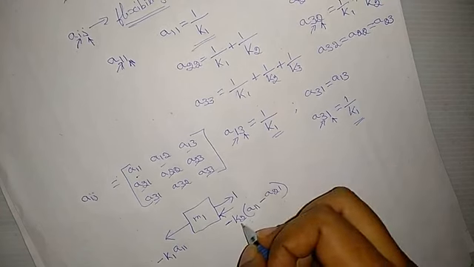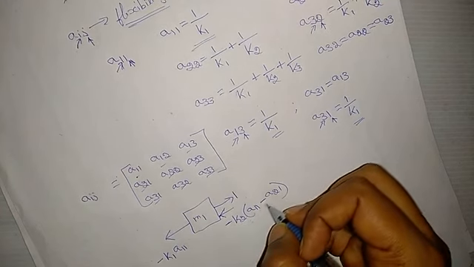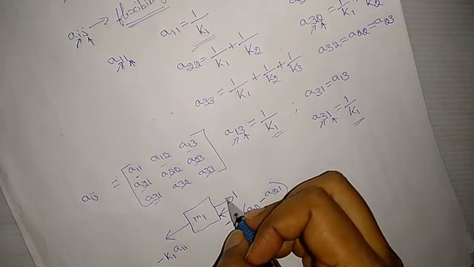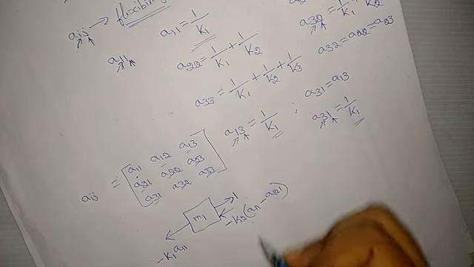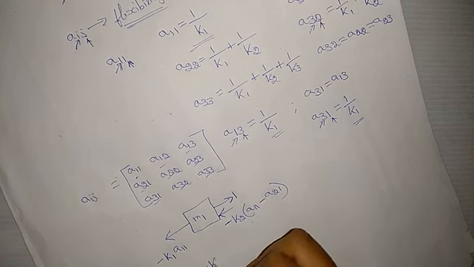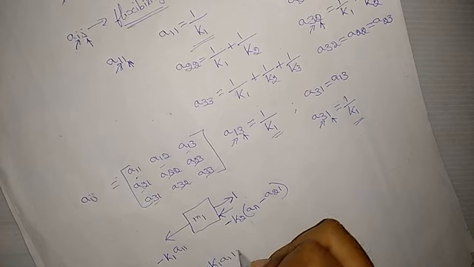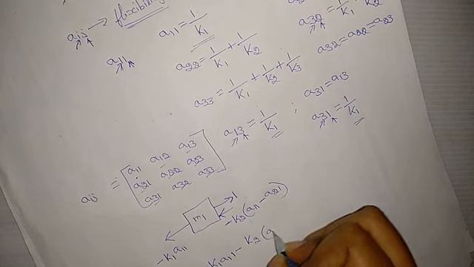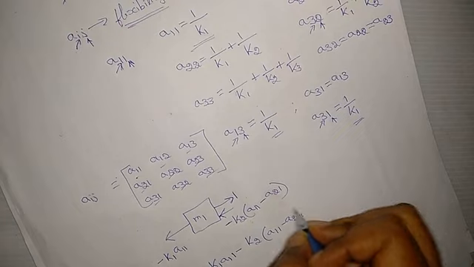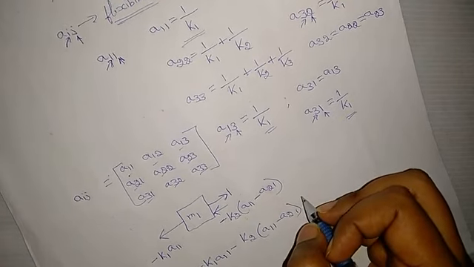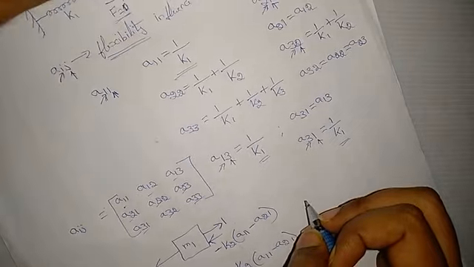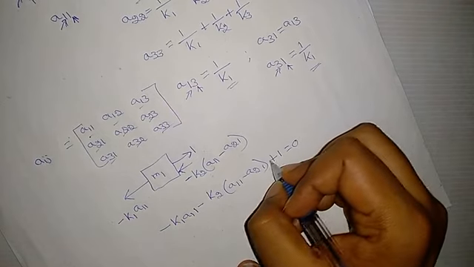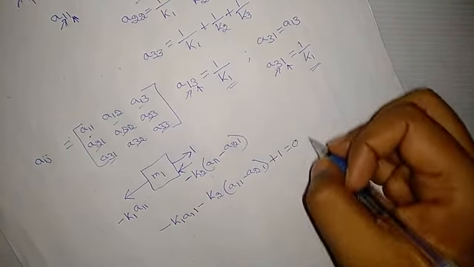This is like writing minus K2 into (x1 minus x2). A unit force is applied at 1, so you write it like this. Simplifying: minus K1 A11 minus K2 into (A11 minus A21) plus 1 equal to 0. This is one equation.